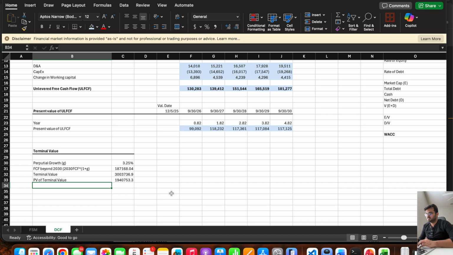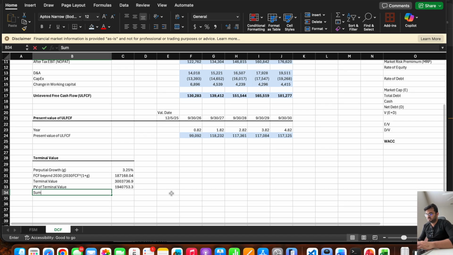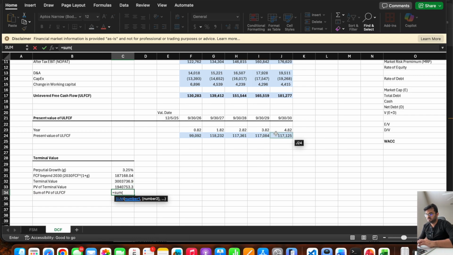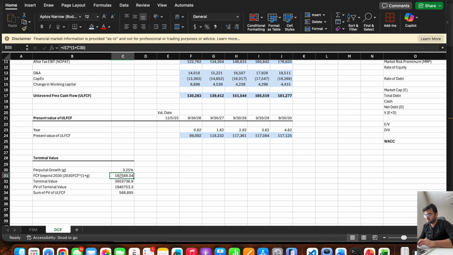Then we will calculate the sum of present value of unlevered free cash flow, which is nothing but the sum of these 5 guys. I'll just do this formatting.